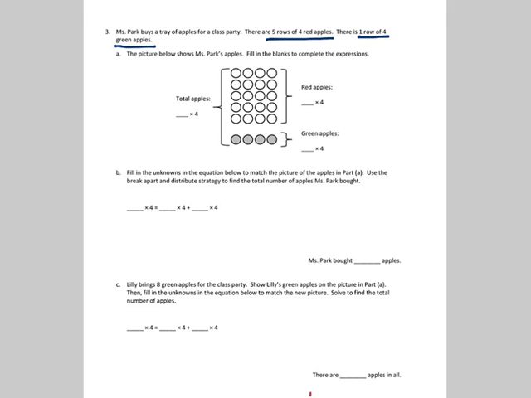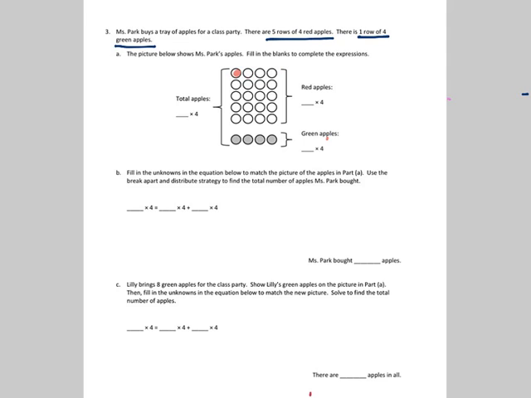So let's draw 5 rows of 4 red apples. That is already given, right? So this is given. So this is one row of red apples.